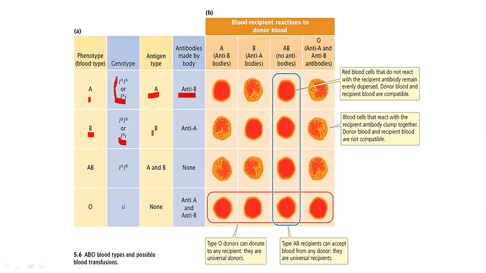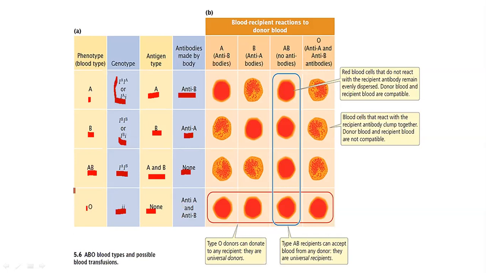They have antigen B and anti-A. The people with the AB blood group have the genotype of capital IA and IB. A and B antigens are present. They don't have any antibodies. Now, O has small i and small i, pure recessive. No antigens are present, but anti-A and anti-B are present.